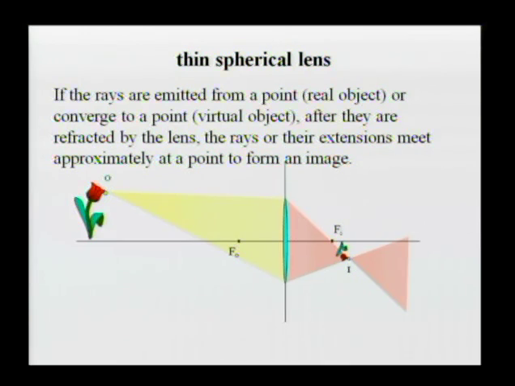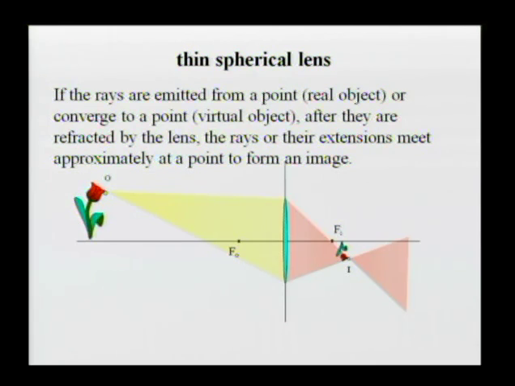Well, they will meet approximately at a point after refraction, and there are two reasons for this approximation. One is the shape of the surfaces, and this failure associated with the fact that the surfaces are parts of spheres is referred to as spherical aberration. Lenses have one more problem than mirrors, and that other problem is the dispersive property of material.